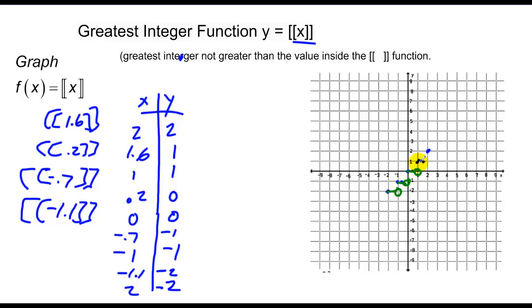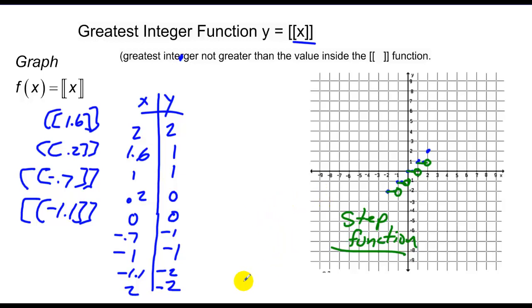Continue to move to the right until I get very close to 2, and stop with an open circle. So this creates what's known as a step function, which is kind of like the nickname for the greatest integer function.